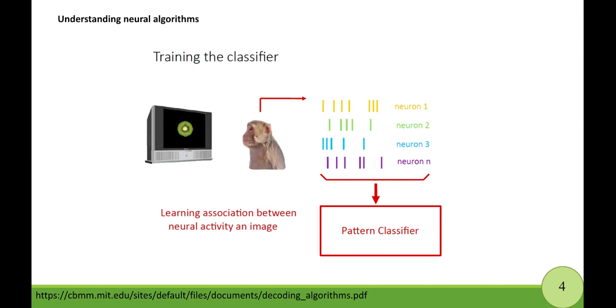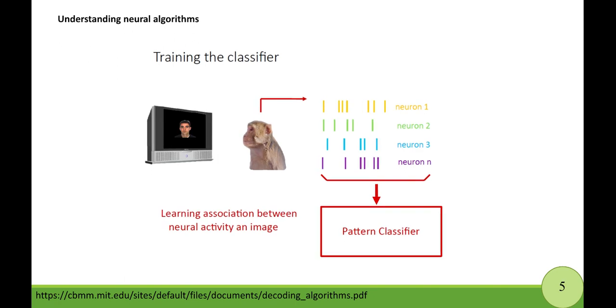Neuron one, or site one, fires in these specific patterns, neuron two this way, three, and so on. Then we give this to a pattern classifier, and the job of this pattern classifier is to tell us what that object was, and we can decide whether it is true or false.